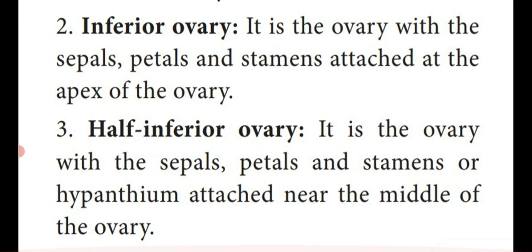Then half inferior ovary, the ovary with sepal, petal and stamen or hypanthium attached at the middle of the ovary. So those are all the different types of ovary based upon the position. It is a very, very important 3 mark and 5 mark question.